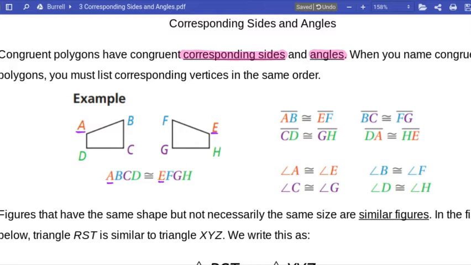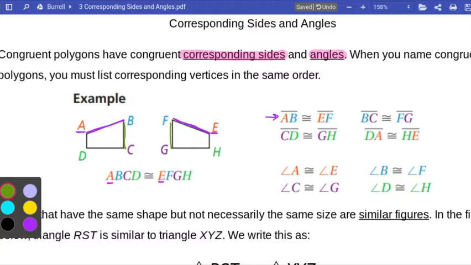Now, we can identify our corresponding sides and our corresponding angles. I'll start with line AB. AB is corresponding to EF. Since we started with A, we had to start with E, and that is listed here. Similarly, I can say that BC is corresponding to FG.